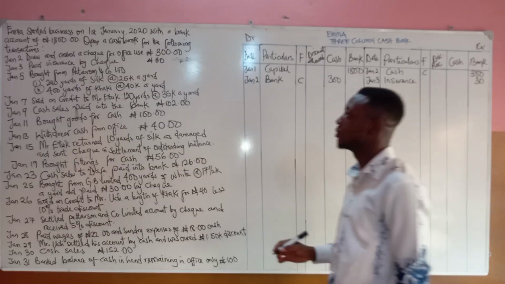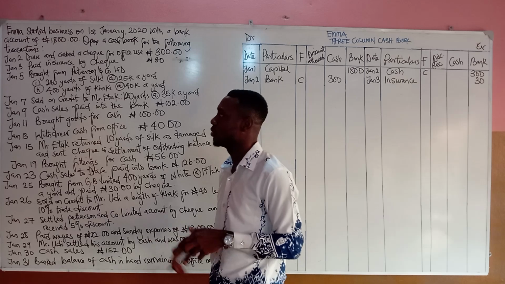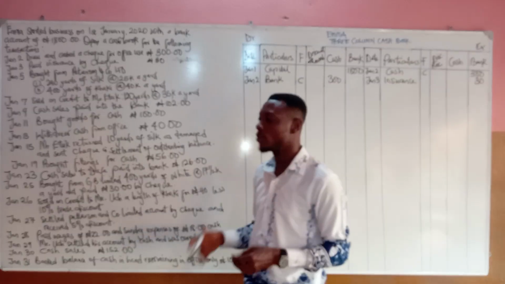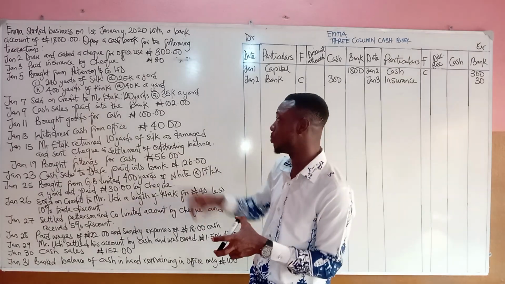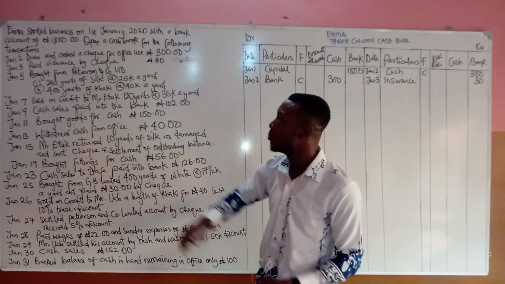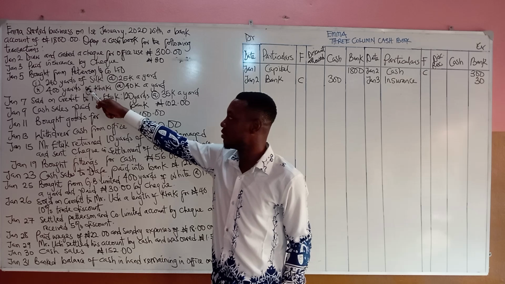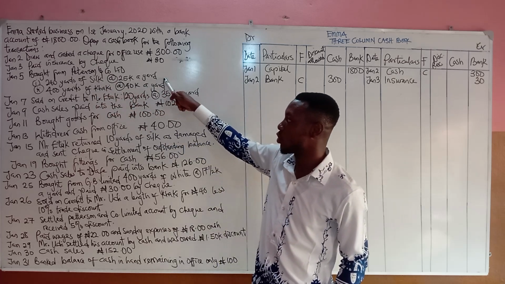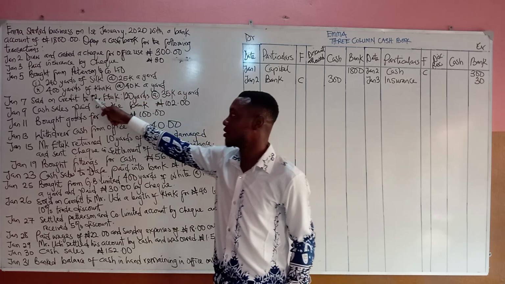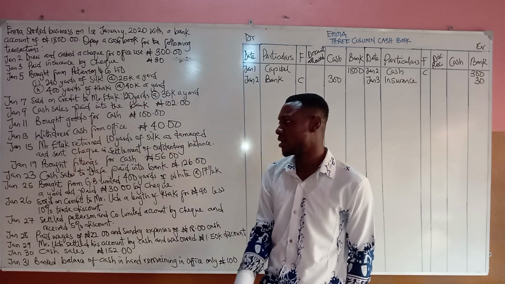Great. Now let's go to January 5th. Now this is actually very interesting. I have to go through all the questions in order for me to point something out here. It said bought from Peterson and Co. Limited, 240 yards of silk at 25 kobo a yard and 400 yards of khaki at 40 kobo a yard.